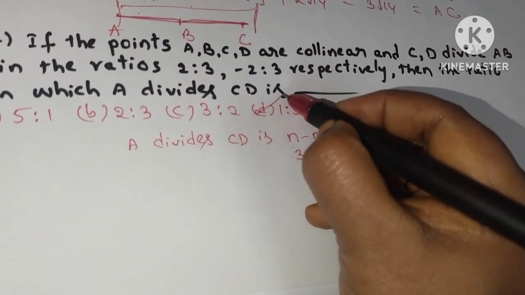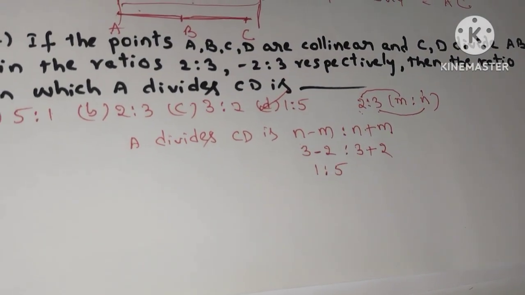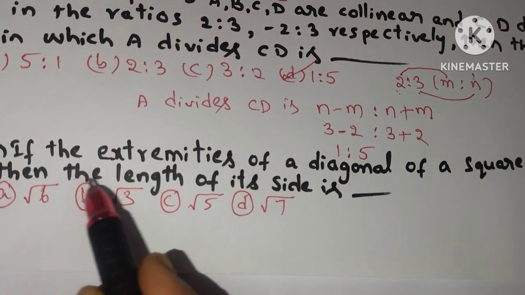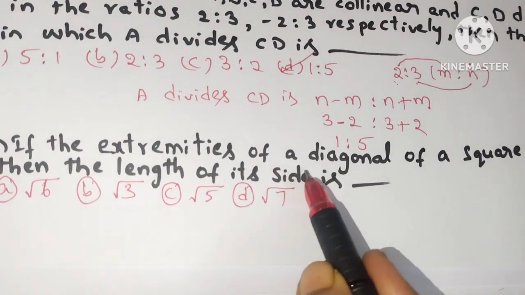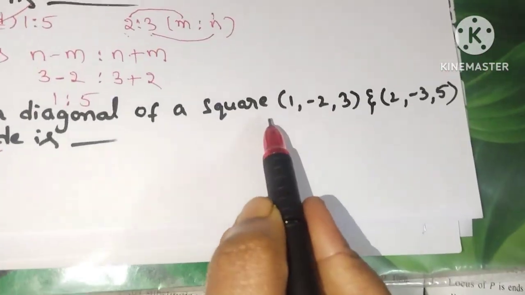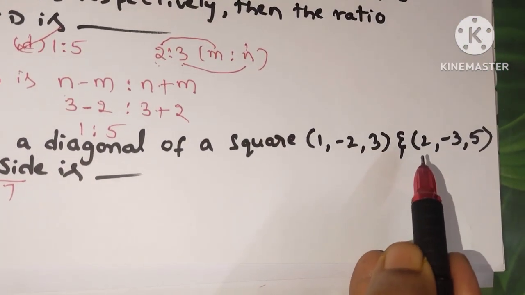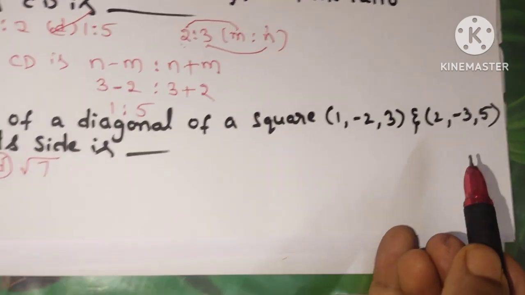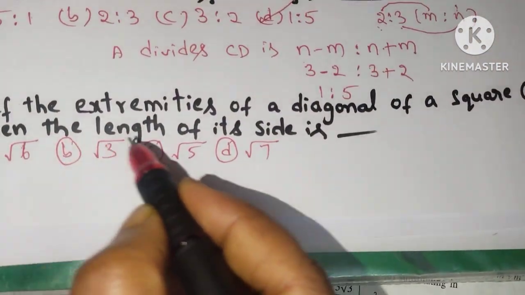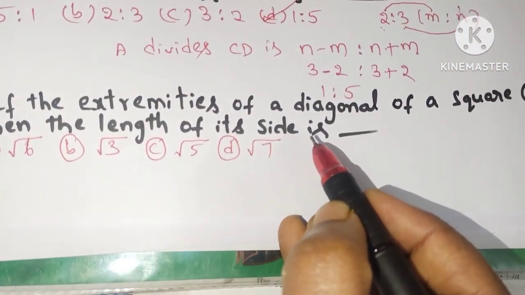Option D is correct. Third question is, if the extremities of a diagonal of a square are (1, -2, 3) and (2, -3, 5), then the length of its side is.